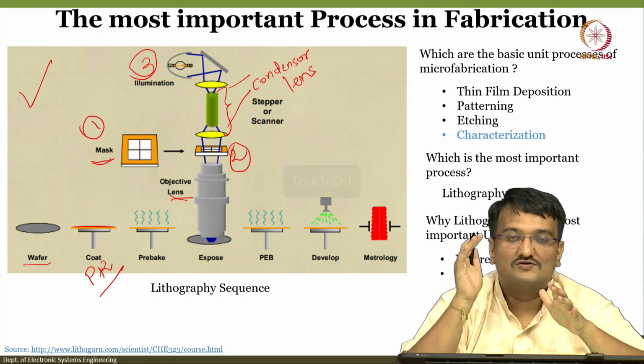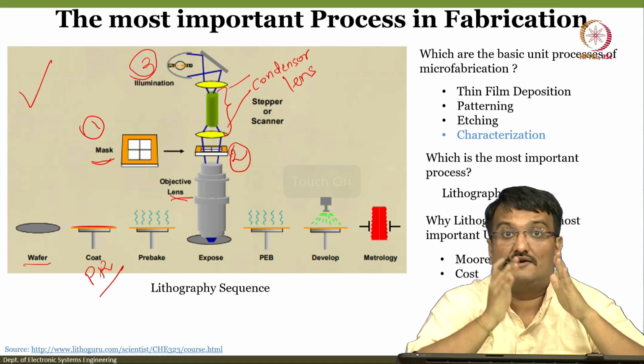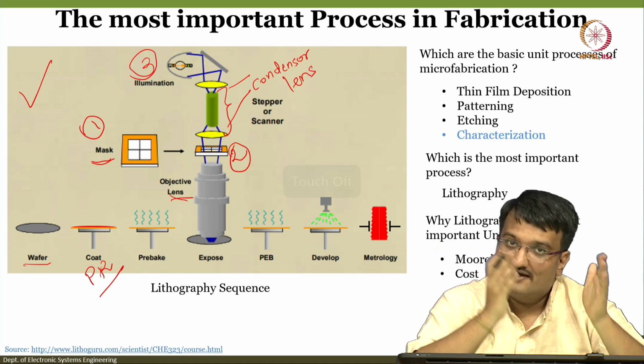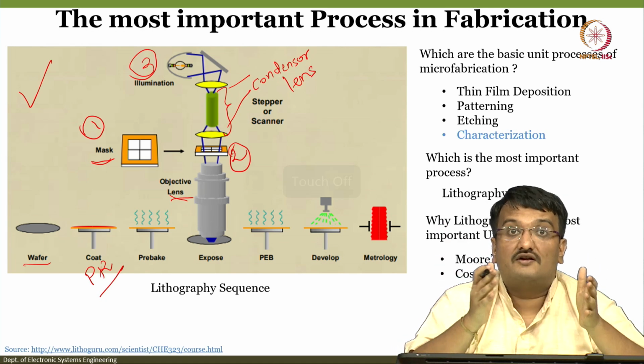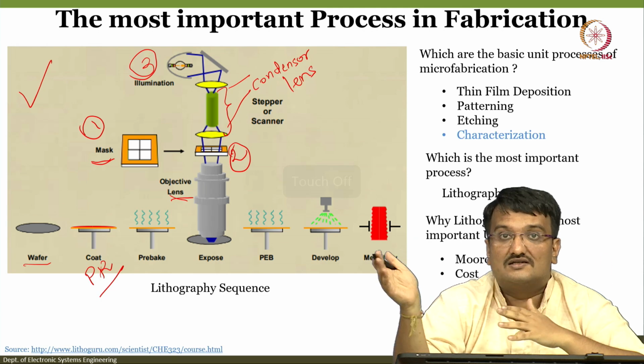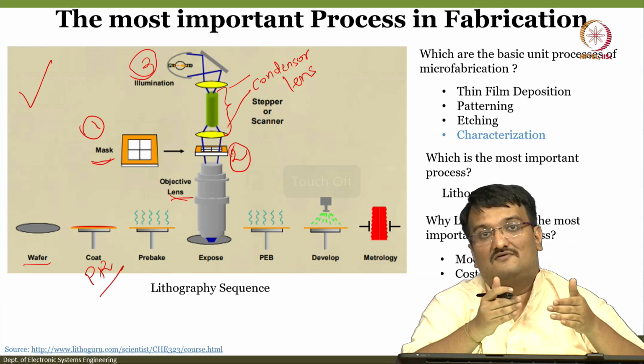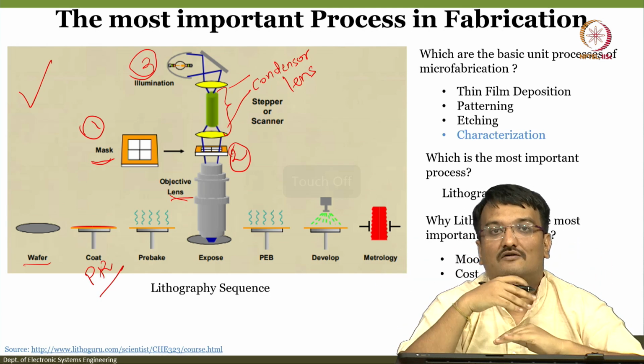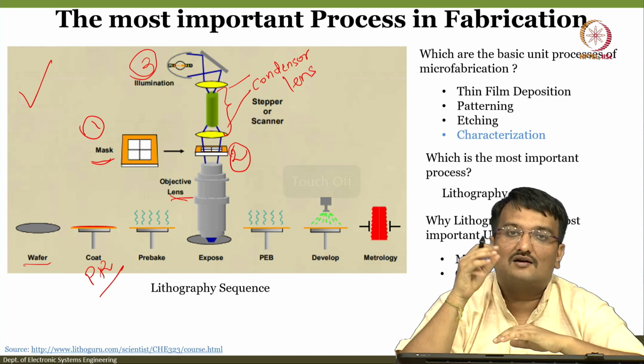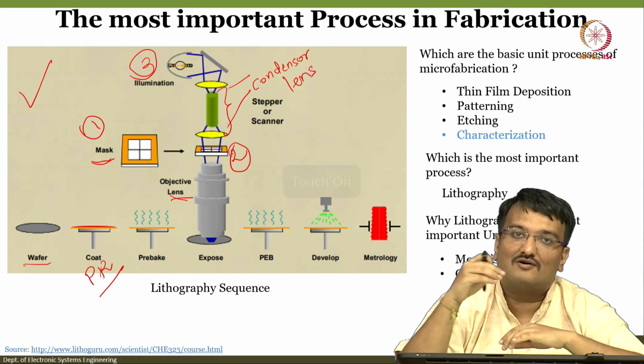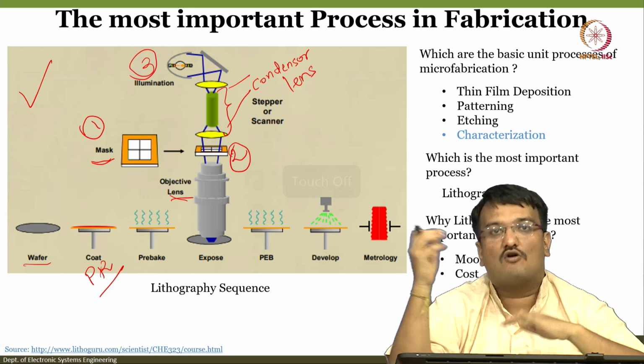In plus 2 we have seen reflection, refraction, diffraction, the same phenomena. Constructive interference and destructive interference are the main basis for why we get a desired pattern on the wafer, and a proper robust microengineering device, microelectronic device, microchips and systems.